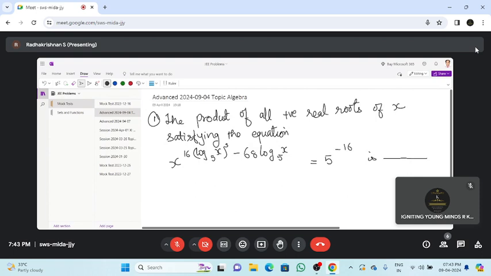Okay, how many steps have you done? Dakshinya, would you share whatever you have done so far? Sir, I tried taking log on both sides. Try to take log on both sides, is it? Yes, sir. Okay, good.